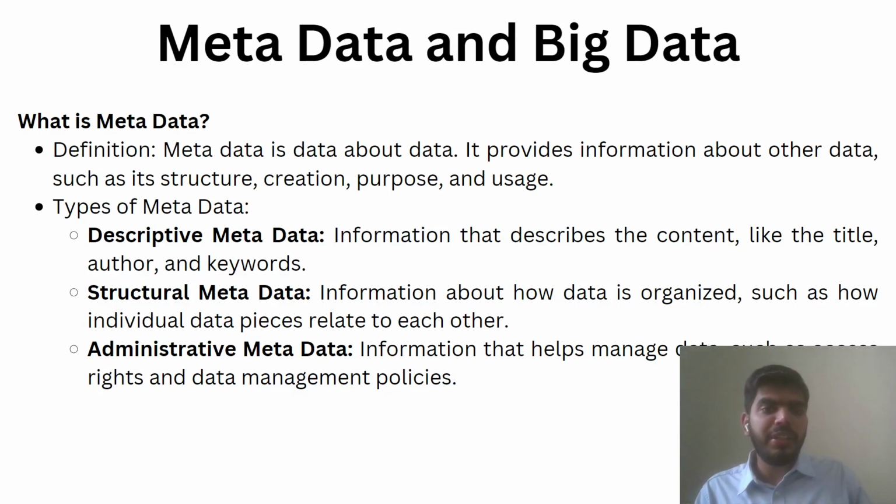But to describe the book, I would say that this is a comedy book, or a horror book, or a novel, or a rom com. So basically, I would describe the content using genre, title, author, and some keywords. So I'm giving the brief description of the entire data. That is known as descriptive metadata.